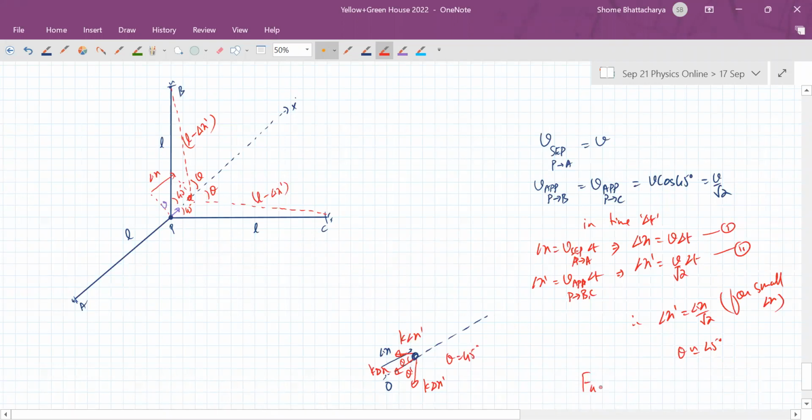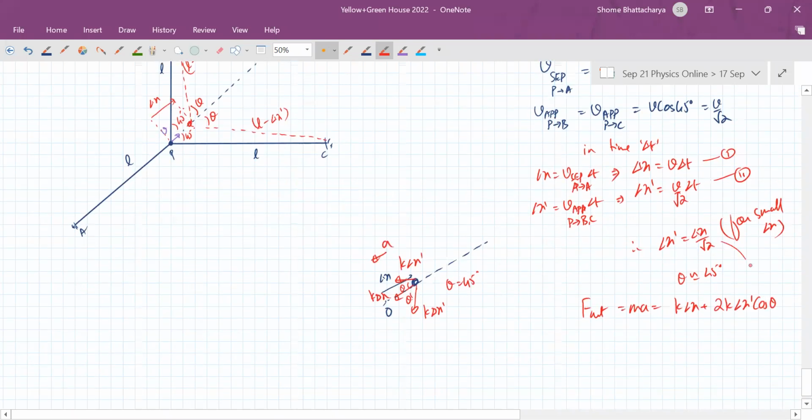So the net force, which will give it an acceleration in this direction, will be K delta x plus 2K delta x prime cos theta.